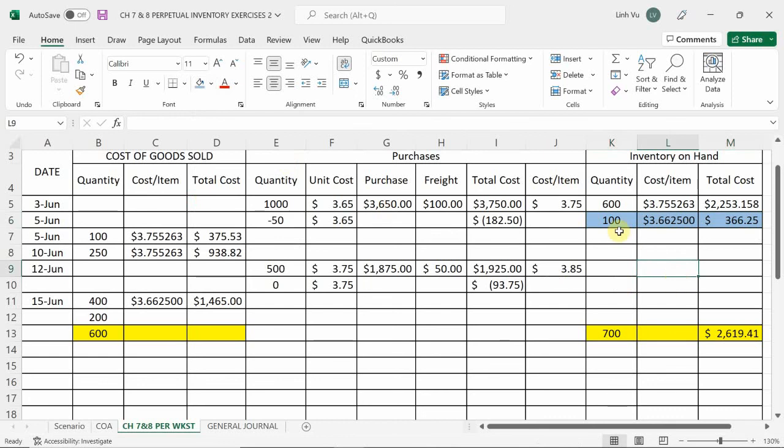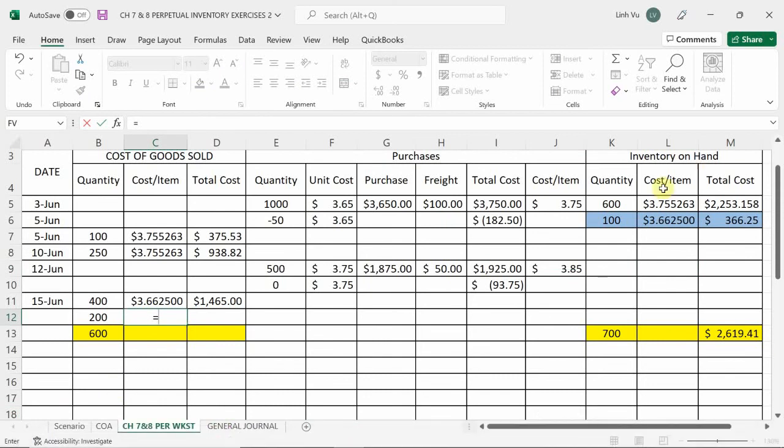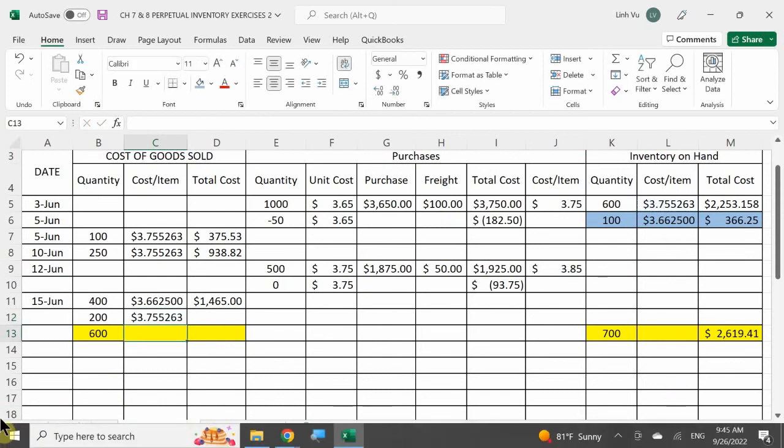Now I need to dip into the 600 batch, right? What is my cost per item for the 600? $3.755263. Good.